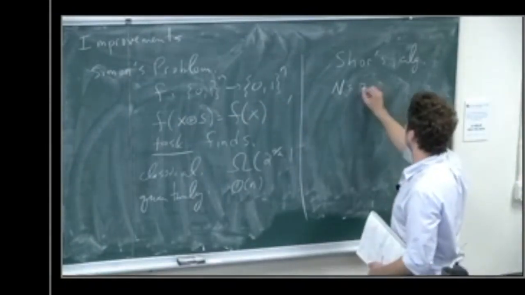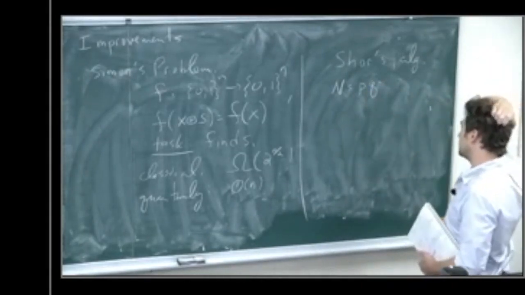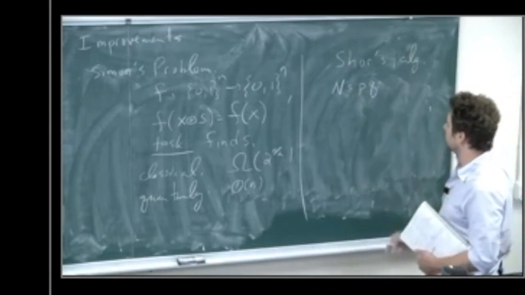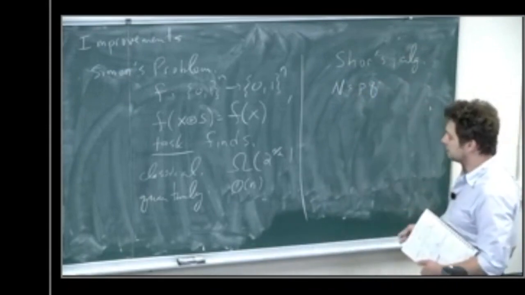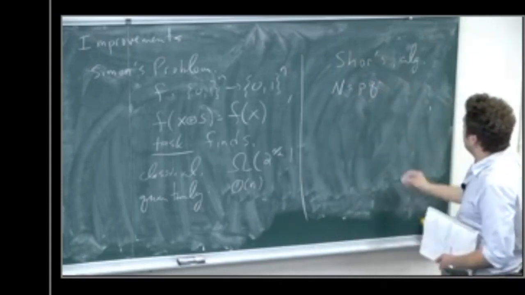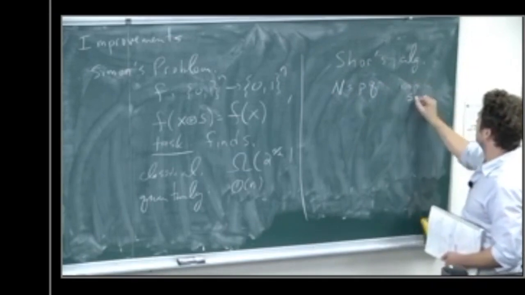So it can factor numbers in order log n cubed time, whereas classically it looks like it's something more like exponential in the third root of n. So you have an exponential separation there.